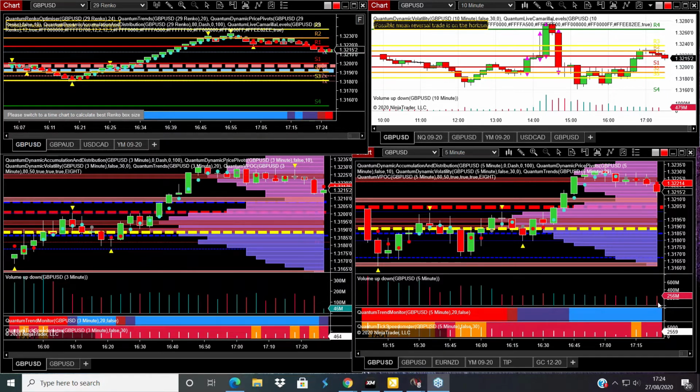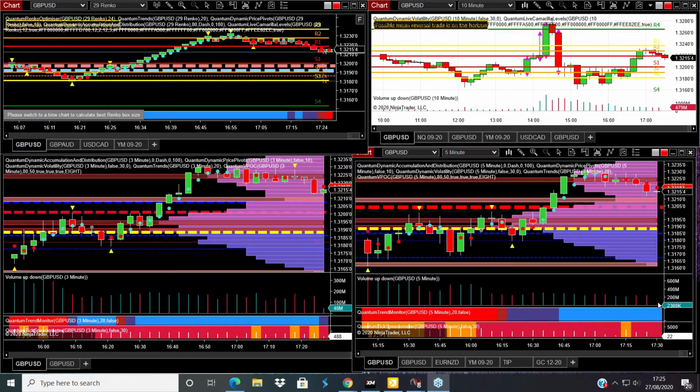We look at the fundamental news, but we also look at what we call the related markets, because all the capital markets, of which there are four, the Forex market, the bond market, the equity market, and the commodities market, they're all related. They all sort of bounce off each other.